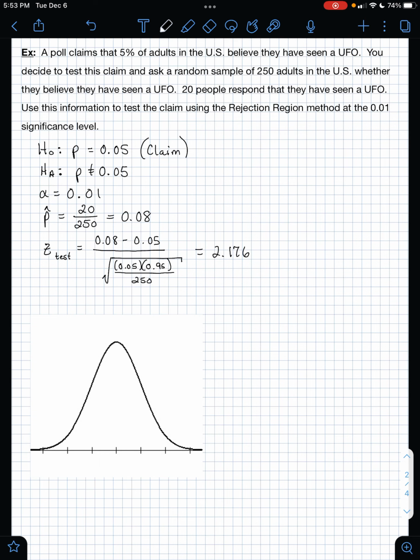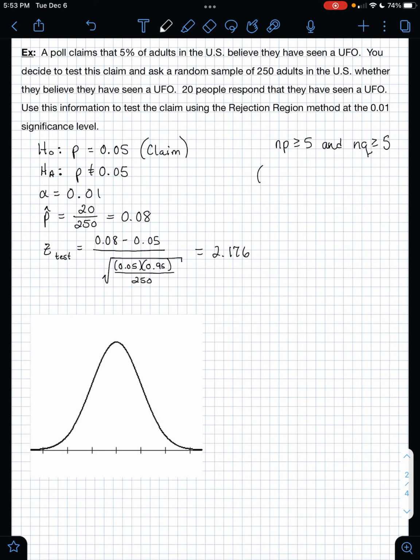Now, before we go too far, I should point out there is one thing that we did forget to do here. Before we just run off and start doing this, we do need to make sure that we have met the requirements here. And those requirements are n times p greater than or equal to 5, and n times q greater than or equal to 5. As long as those things are true, both true, then we can get away with doing this.